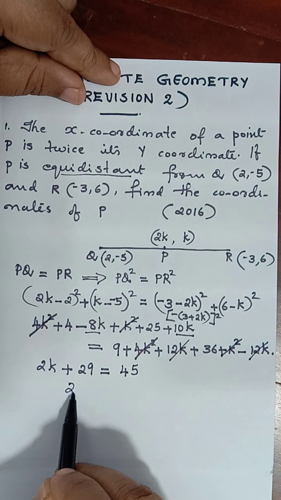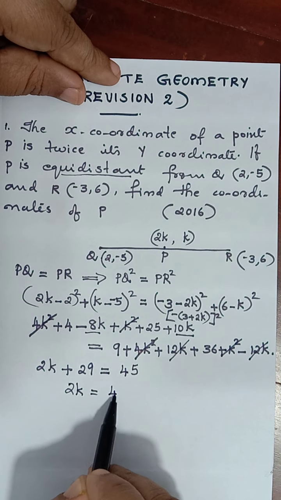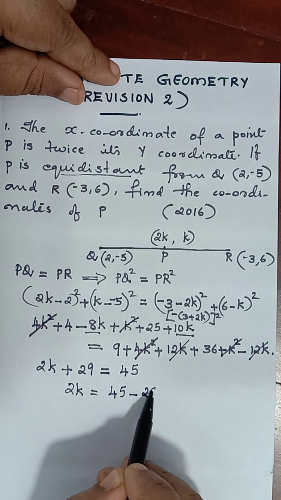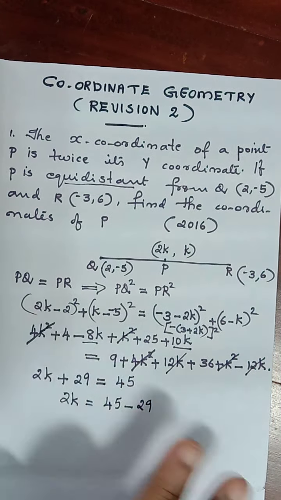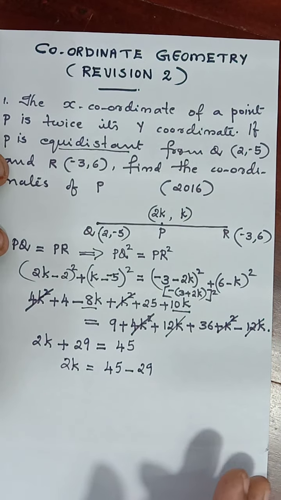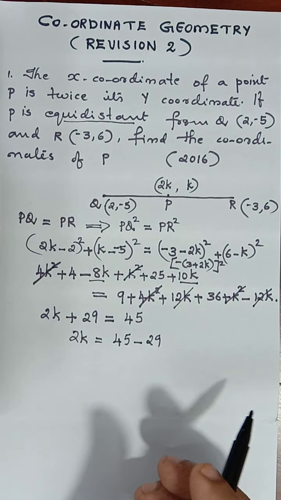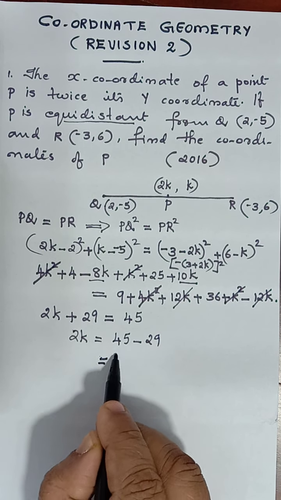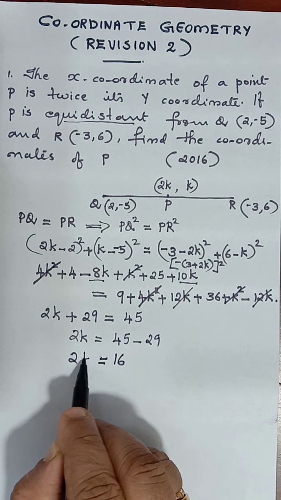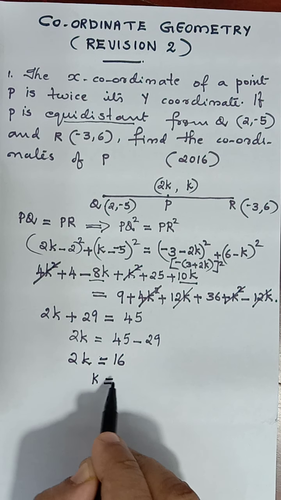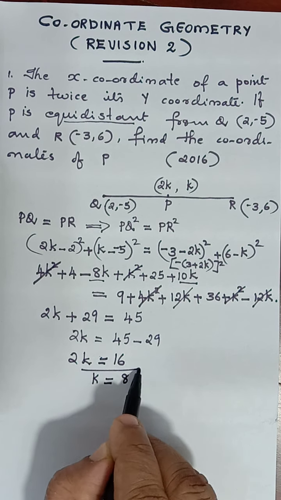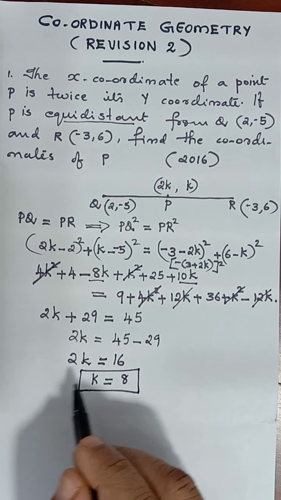So we have 2k is equal to 45 minus 29. We have to subtract. What do we get? 45 minus 29 is 16. So 2k is equal to 16. Therefore k is equal to 8. 16 by 2 is 8.